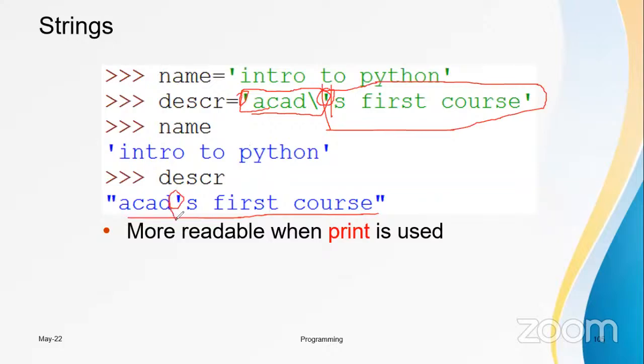I want to escape. So when I put a slash, my compiler will jump over it and not consider it. It's almost like I'm hiding this single quote.